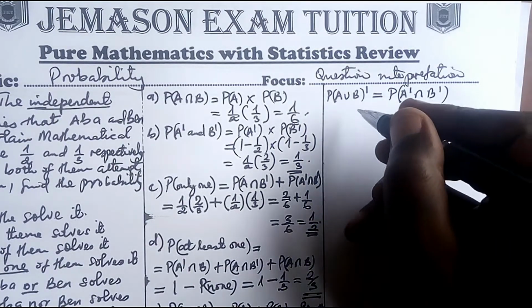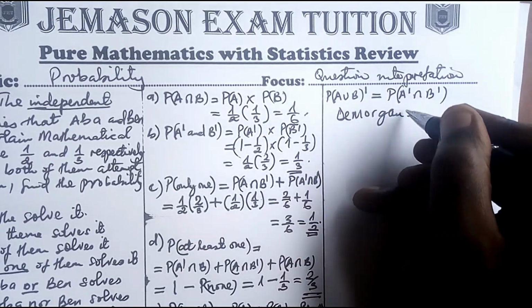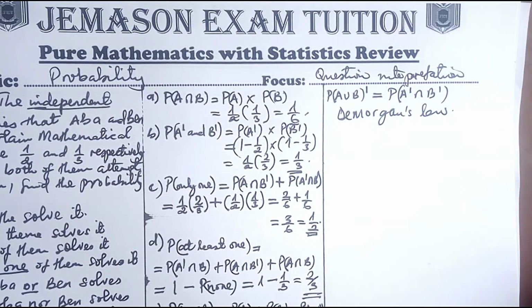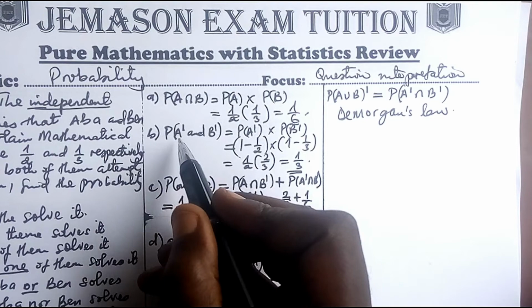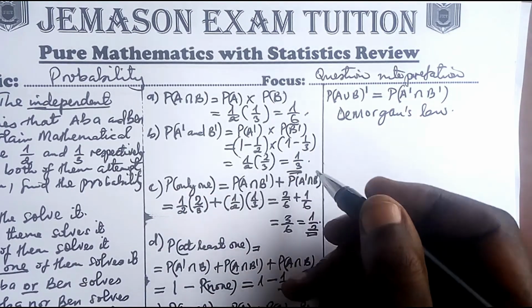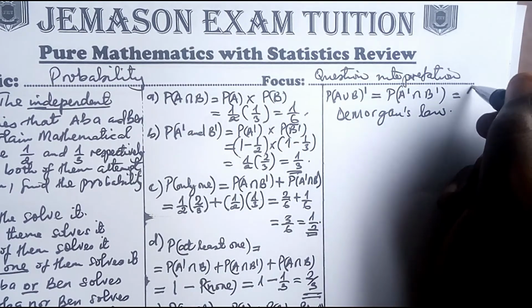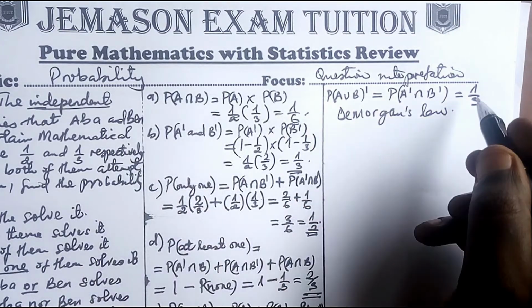This relationship is De Morgan's law, and you can confirm that P of A union B all prime that we have had in F being 1/3, it is the same as P of A prime intersection B prime. It still gives you 1/3. So we could have used that directly to have the same answer as we had in the previous work. It was 1/3.